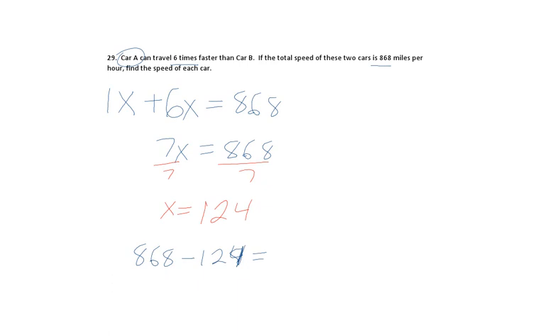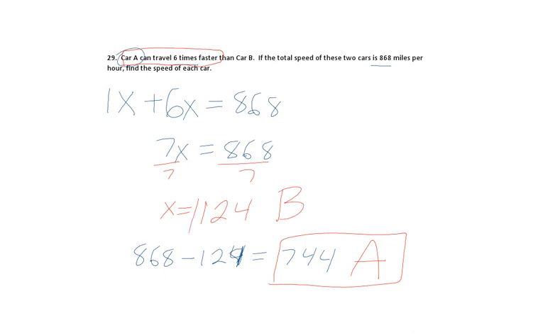So 868 minus 124 is 744. You got two answers, but we have to figure out who's who. Well, let's look at the clues. It says car A can travel 6 times faster. Well, if A is the faster car, it must have the bigger number. So 744 must be for car A, and by default 124 must be for car B.